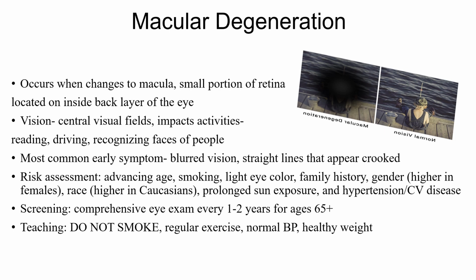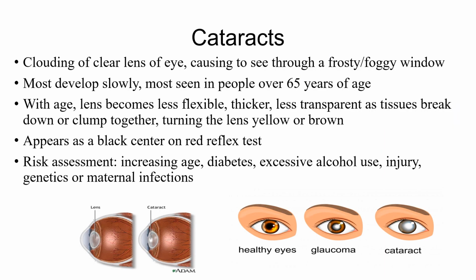So patients may initially have blurred vision, in the center of course, and things may seem crooked or off, and eventually it will progress. Smoking, family history, and hypertension exacerbate this diagnosis. So cataracts is cloudiness of the lens.